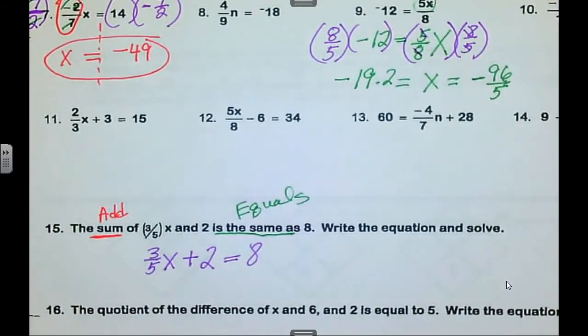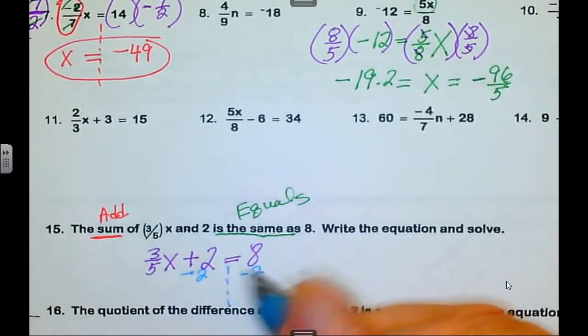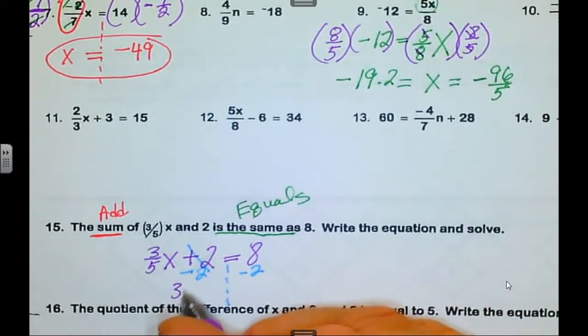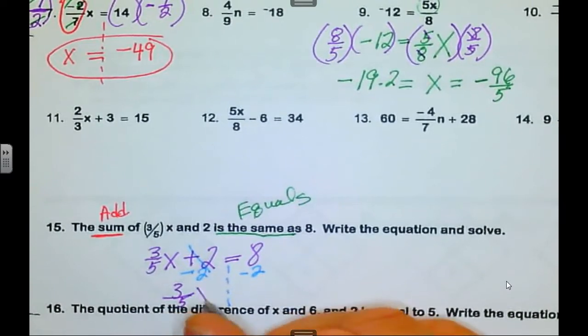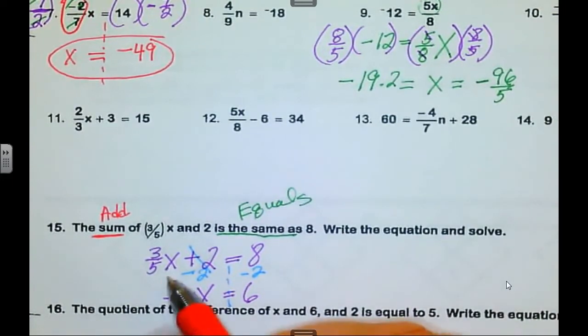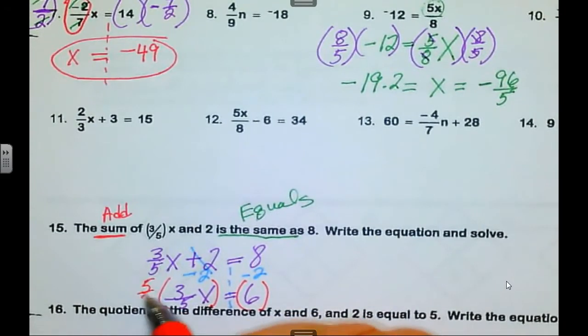So I'm going to subtract 2 from both sides. These add up to 0. I get my 3/5 x equals 6. Multiplied by the reciprocal, 5/3.